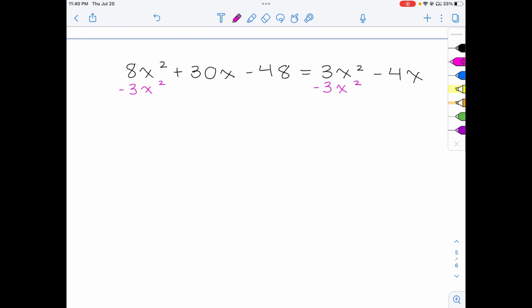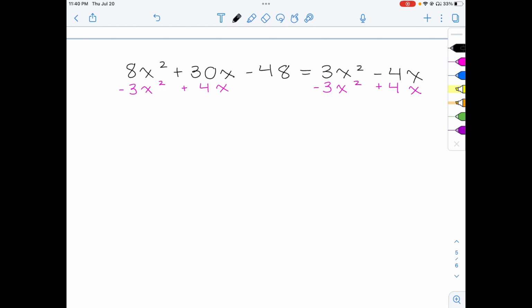It has nothing to do with the 30x and the 48, so I'm not going to write it near there. And then, like I said, I like to do everything all in one step. So then the negative 4x I need to bring over as well. So I'm doing the opposite operation, so adding 4x to cancel it out. And then I'm going to write it below my x term here, add 4x, because it only affects that term.